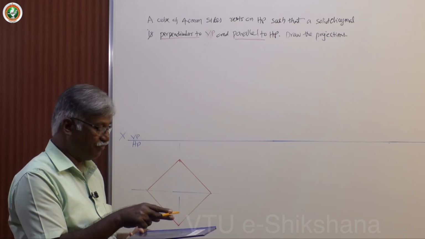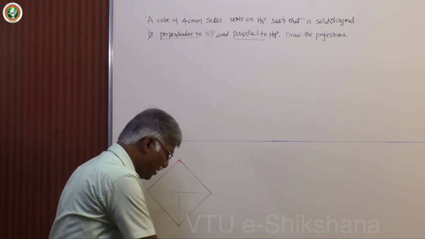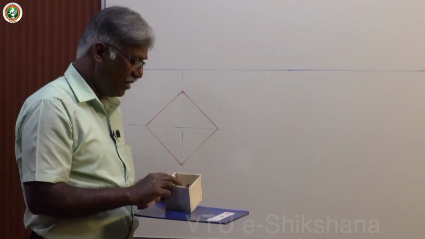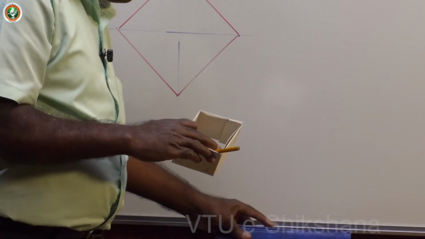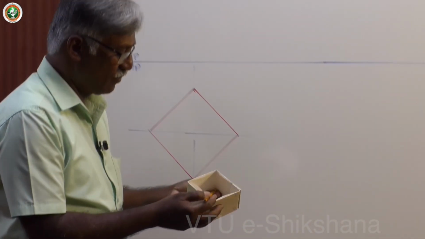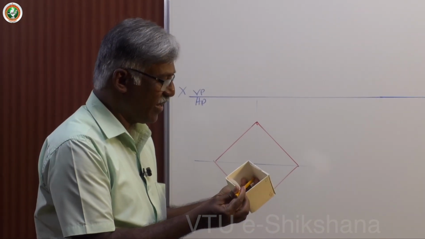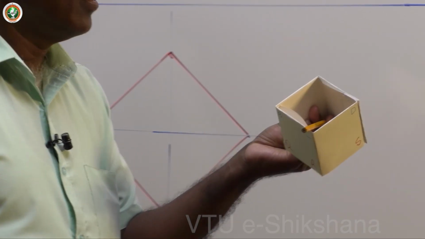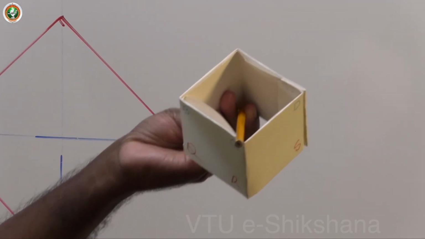Now I will keep one of the solid diagonals perpendicular to VP and parallel to HP. Say, I will take 2 corners at random and see, then we will see the corner names. I will keep it this way.